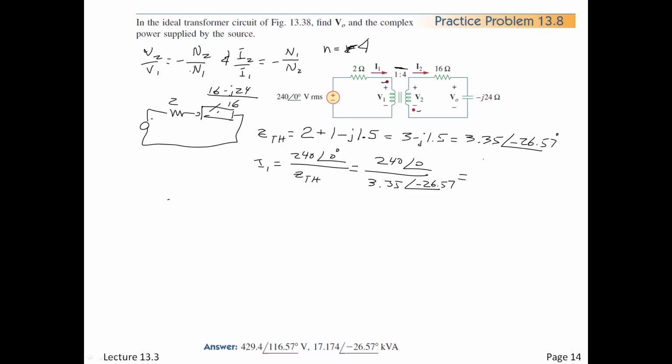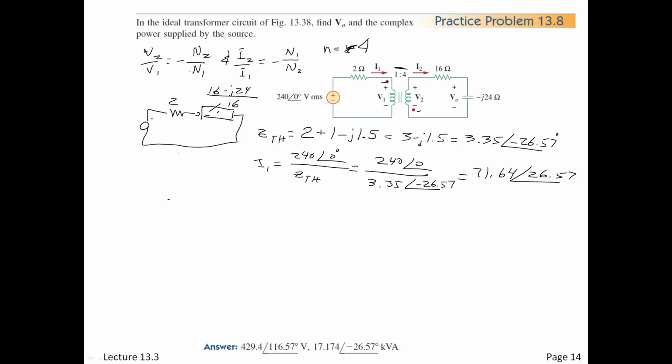So the input current is, let me find that number, 71.64. 240 divided by 3, it's going to be something a little less than 80. And the angle will be 26.57. Okay, so that'll be I1.